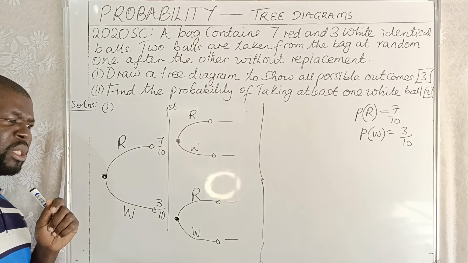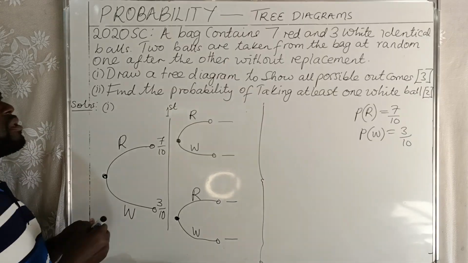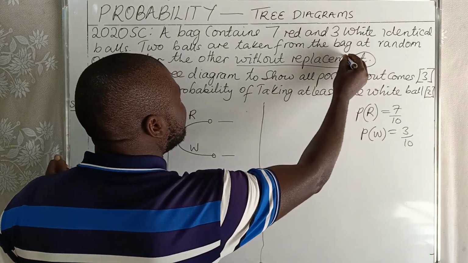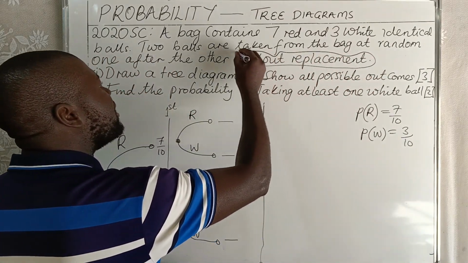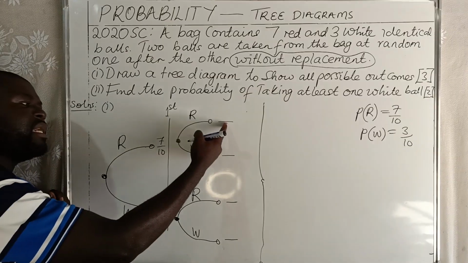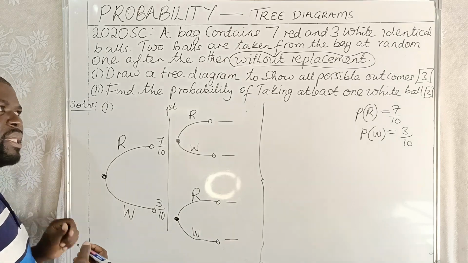And we are told that once that one was picked, it was not replaced. Because we are told that it is without replacement. This one is very important. This phrase is very important because it affects the denominator in the second set of branches.